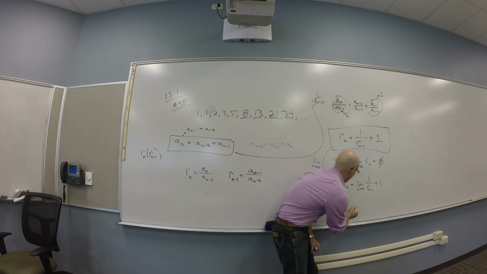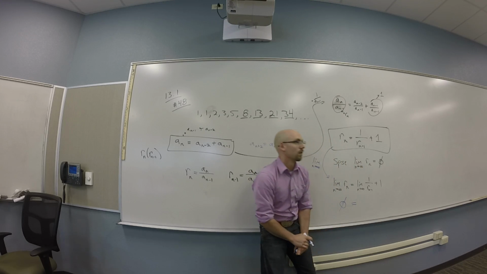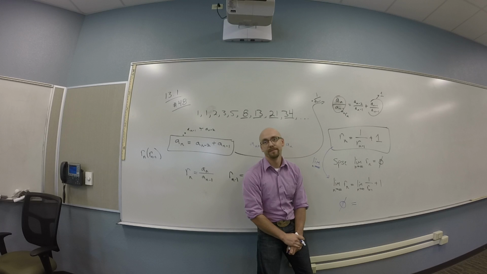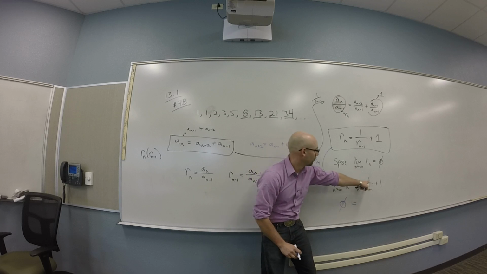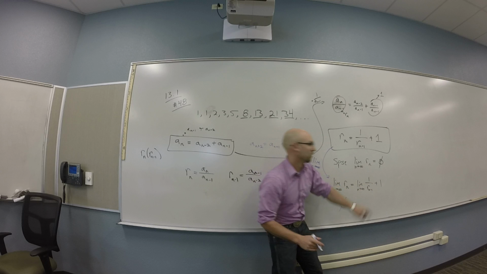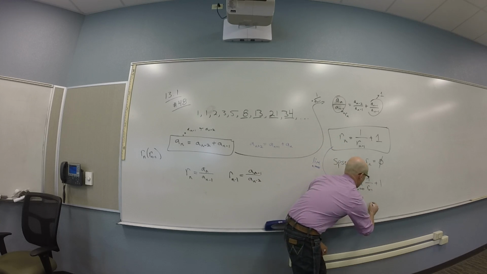How about the right-hand side? Which things don't matter what n goes to? The plus 1 and the 1 on the top. Those are just going to stay.